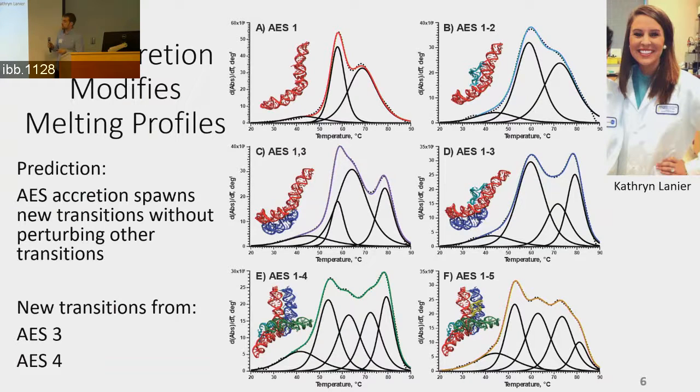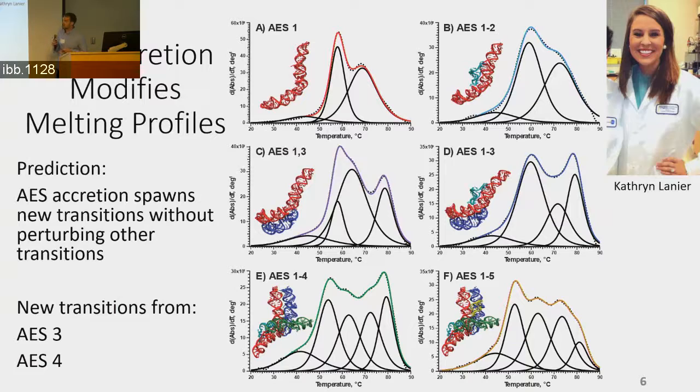We see this trend in all of the melting profiles, where there's a peak that's shifted in terms of its temperature range, or the peak is broadened. So some kind of change to the transitions is happening.